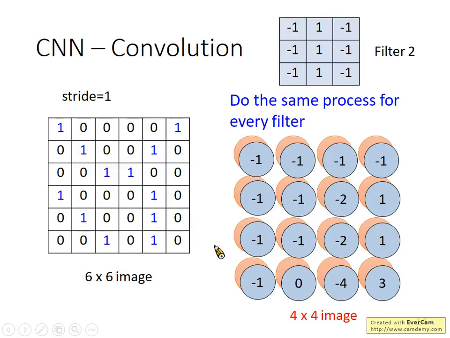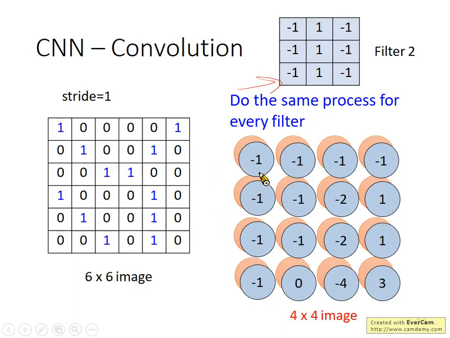We can apply the same process with the second filter. Again, we apply this filter to do convolution and go through the whole image, and we get another 4x4 result. So based on different filters, we get different filter responses, all 4x4.